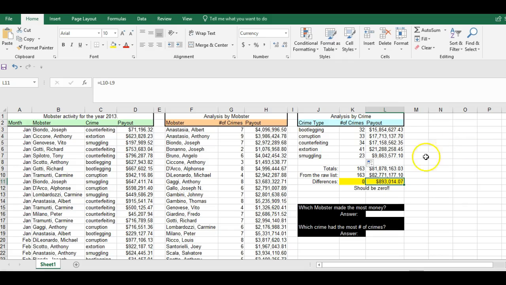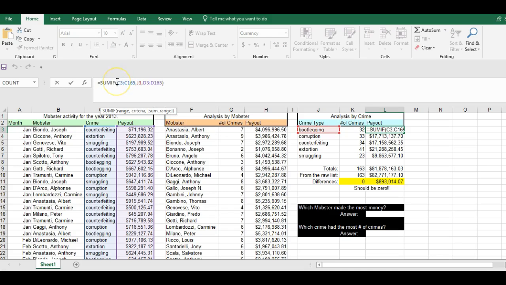So let me figure out something is wrong here. Oh, I bet my totals are wrong. So I bet it's the same problem. Look, we need an absolute reference. So we're going to do exactly the same thing. So we're going to say dollar sign, I'm sorry, not an ampersand, dollar sign.